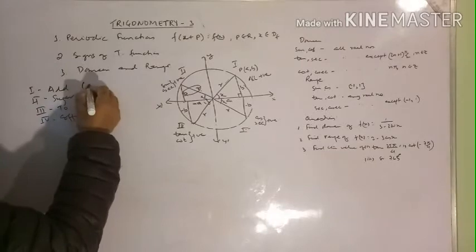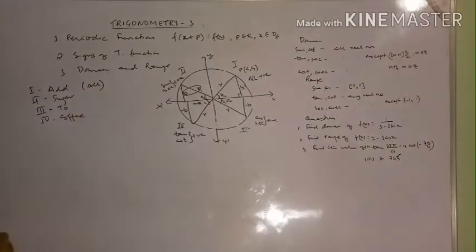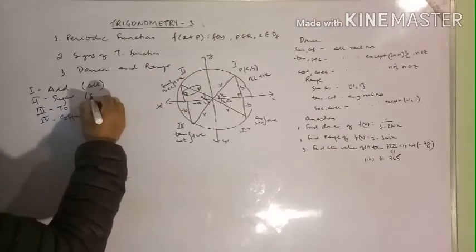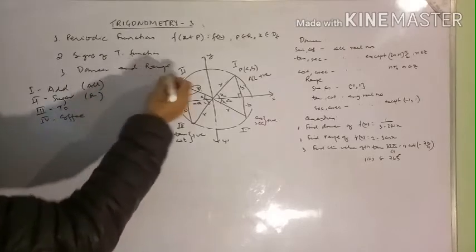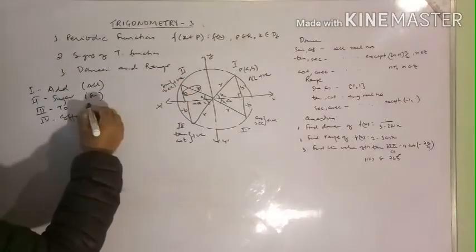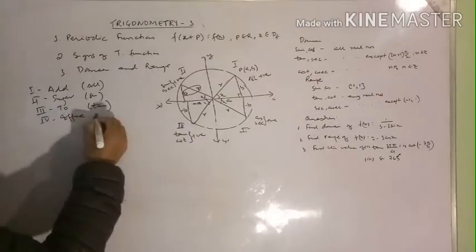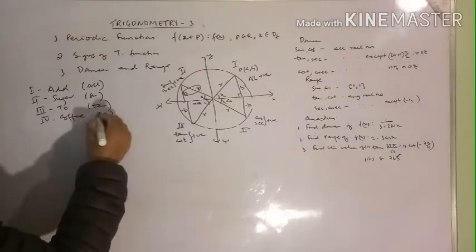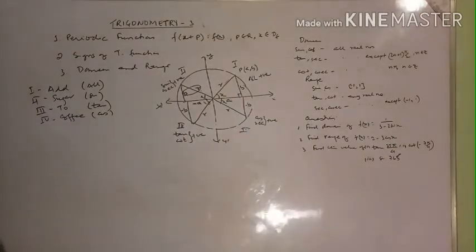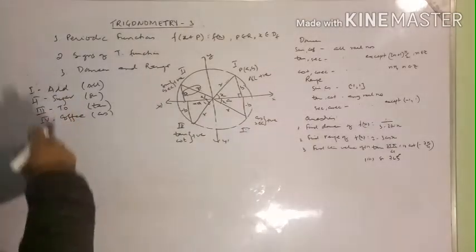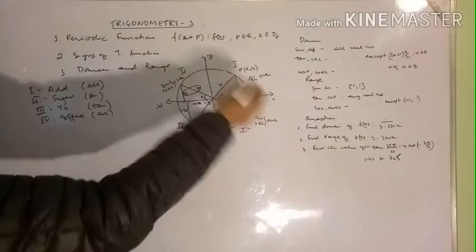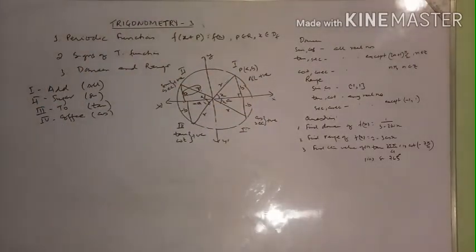Okay, add means all ratios. A stands for all. Sugar stands for sine and its reciprocal cosec. To stands for tan and reciprocal cot. And coffee, C stands for cos and reciprocal, that is sec. So add sugar to coffee. Add sugar to coffee. That way you remember the sign.